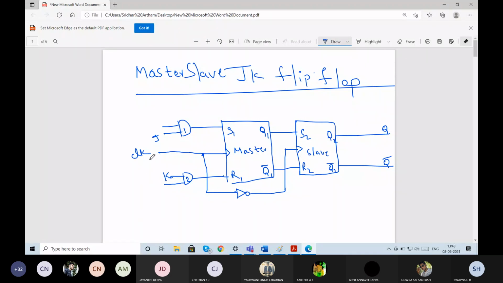As I was mentioning, the second input to the first AND gate comes from Q bar. Q bar is also equal to Q2 bar. Both are the same.